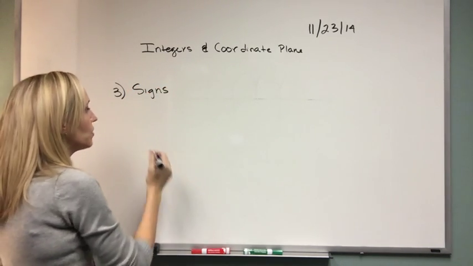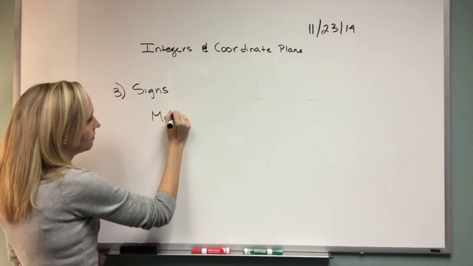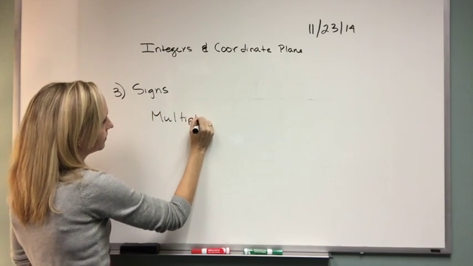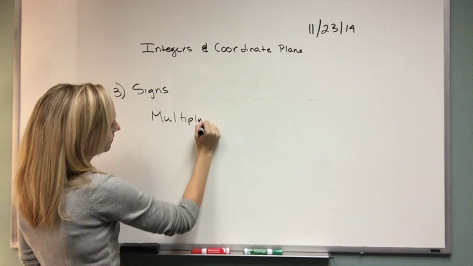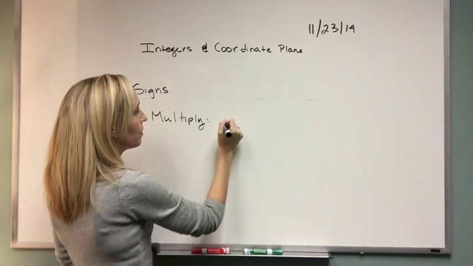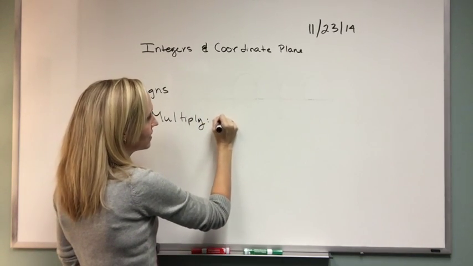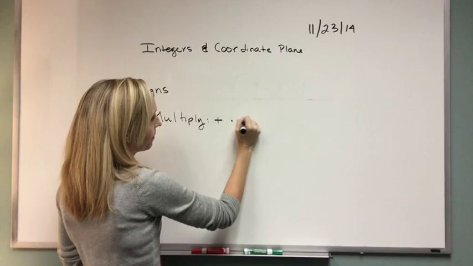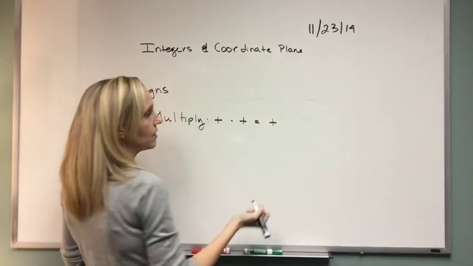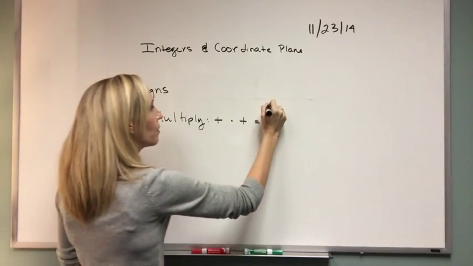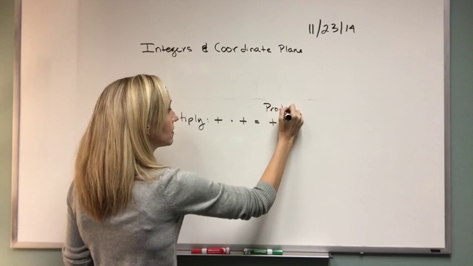So I just want to remind you that when you multiply a positive integer times a positive integer, you get a positive result, which is what we refer to as our product.